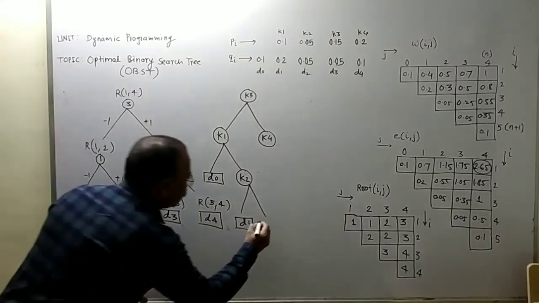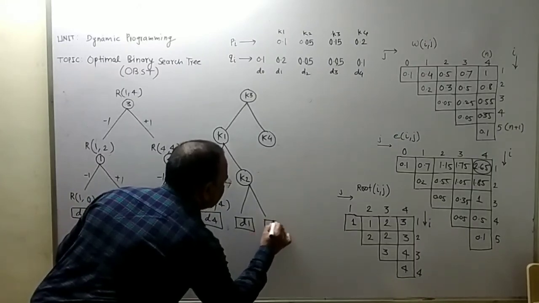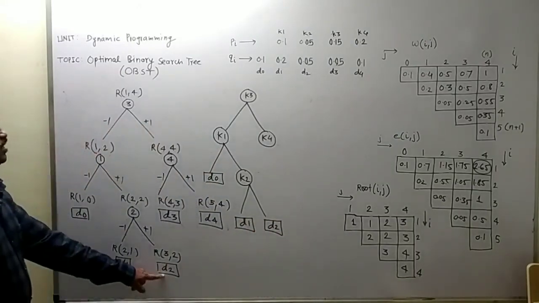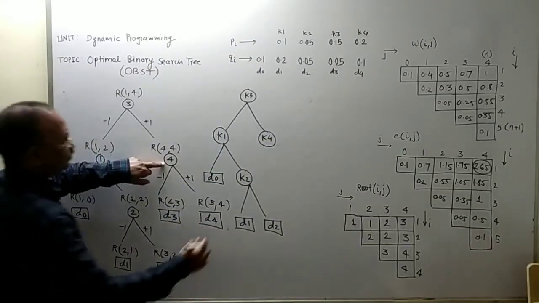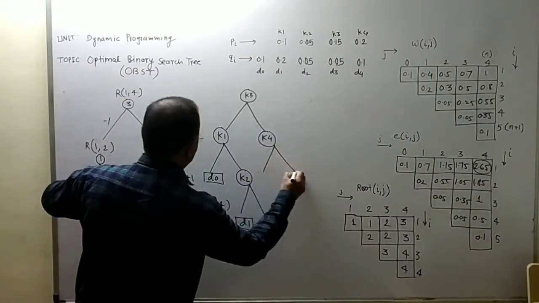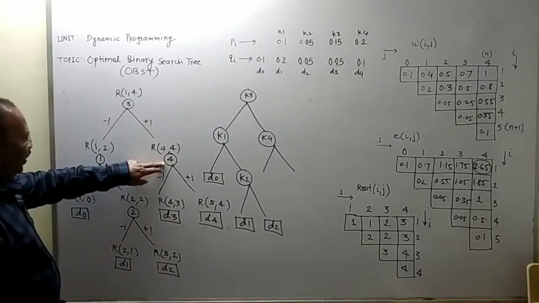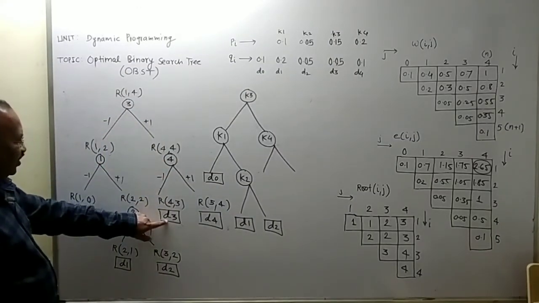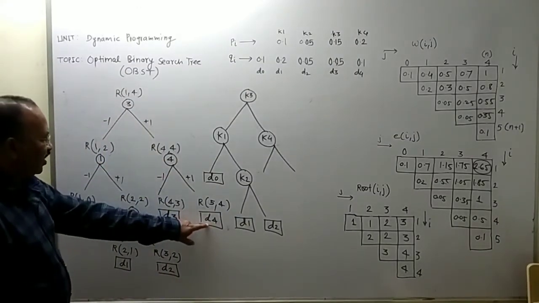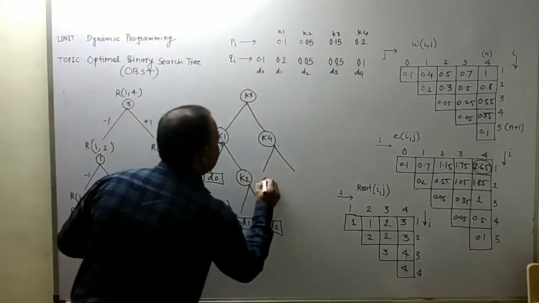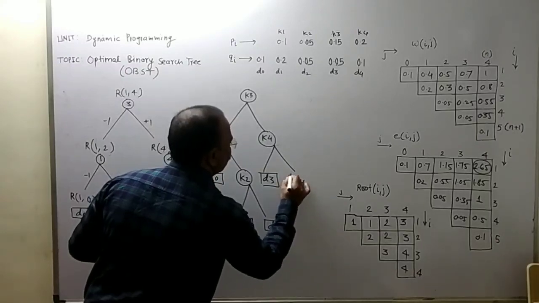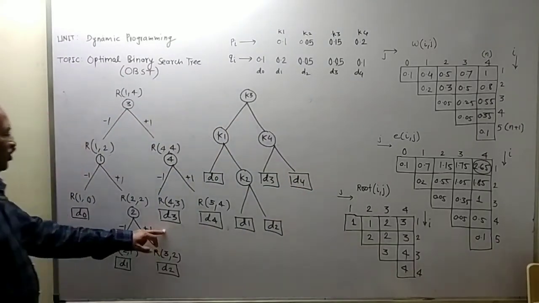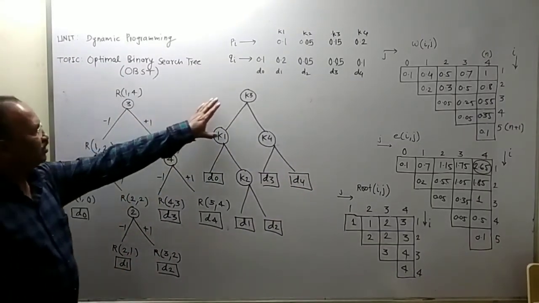Here is D2, so write D2 as it is. Now expand K4, this one. It has D3 as the left and D4 as the right child. D3, D4. In this way we have obtained the OBST.